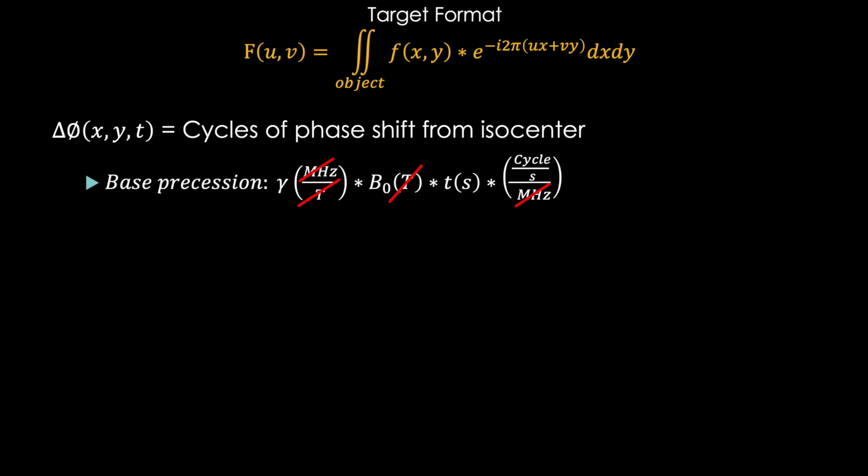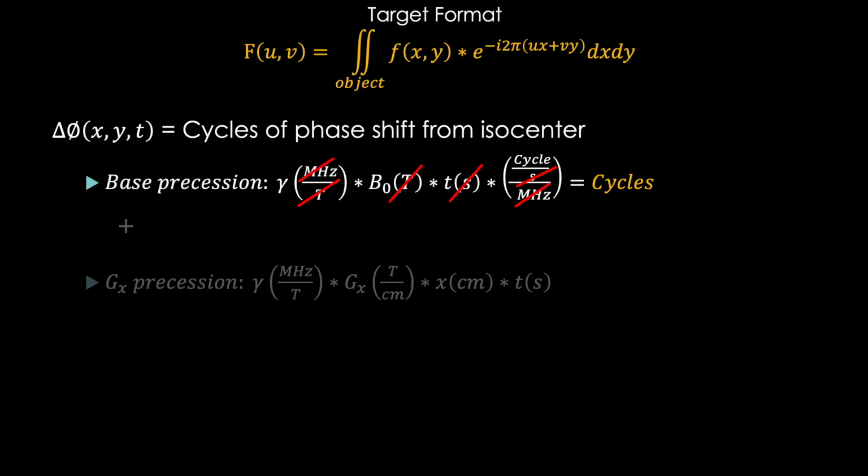And furthermore, the seconds drop out, leaving us with cycles. So this checks out. If we plug in values to this formula, the end result is going to be the number of cycles of precession each voxel has experienced given the time period t. Let's do the same thing with the other terms.